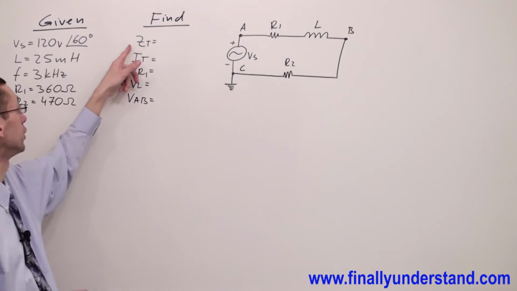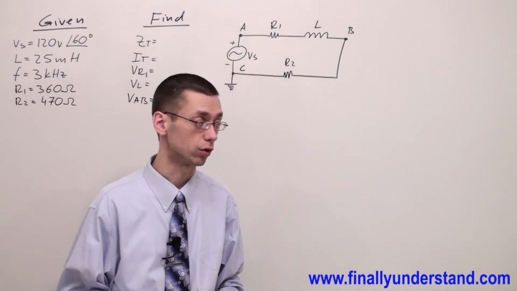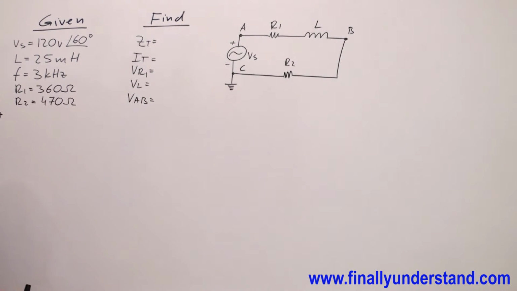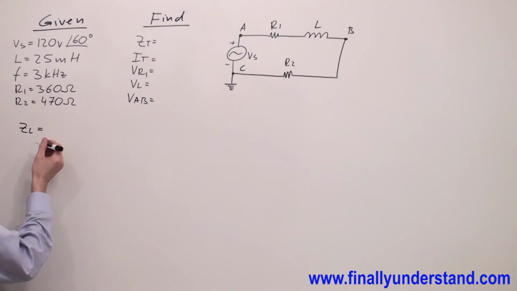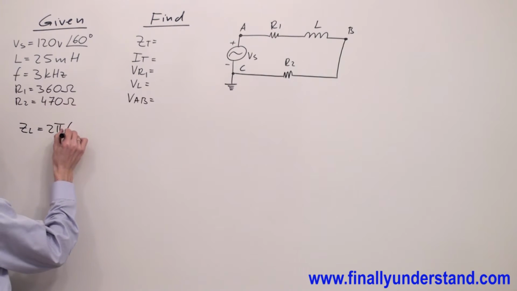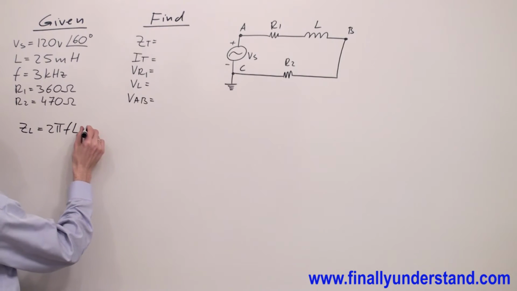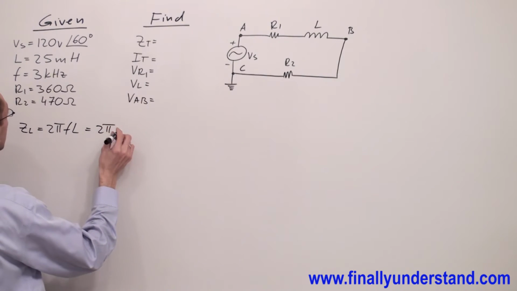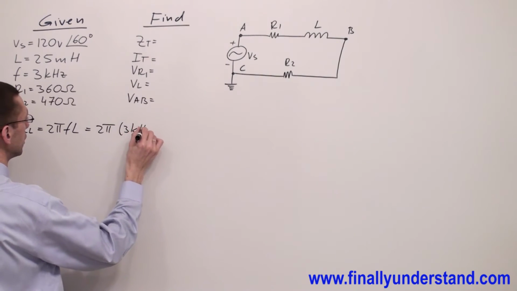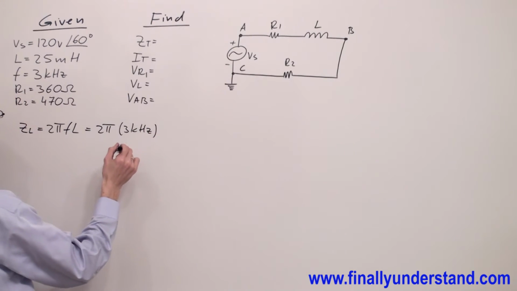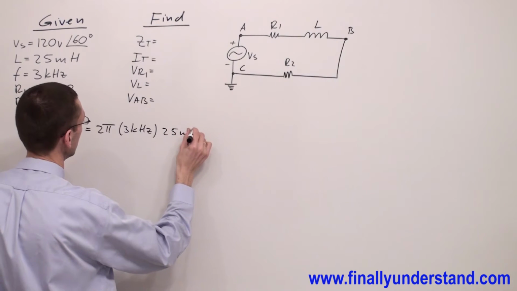In order to find Z total, we're supposed to find the impedance of the inductor, in other words, the inductive reactance. We have to find ZL. ZL is equal to 2 pi FL. Remember, we are always going to have an angle of 90 degrees. So this is equal to 2 pi times the frequency, which is 3 kilohertz, times the inductance, which is 25 millihenries.